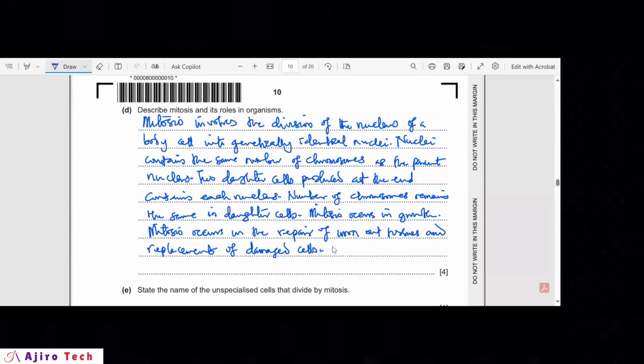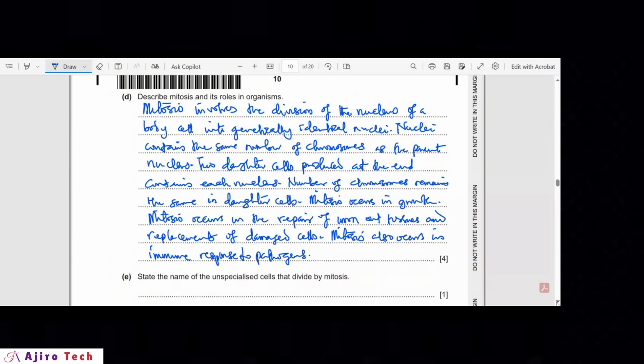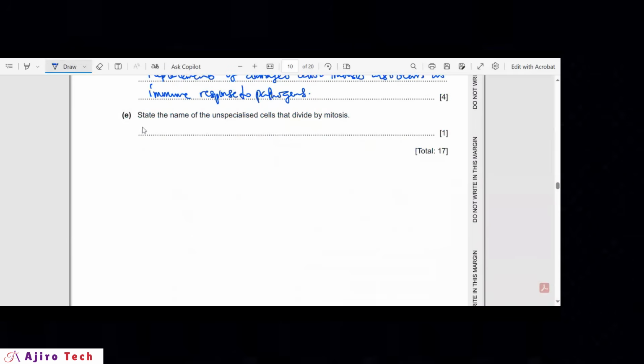Mitosis also occurs in immune response to pathogens. So the next question says, state the name of the unspecialized cells that divide by mitosis. Stem cells.